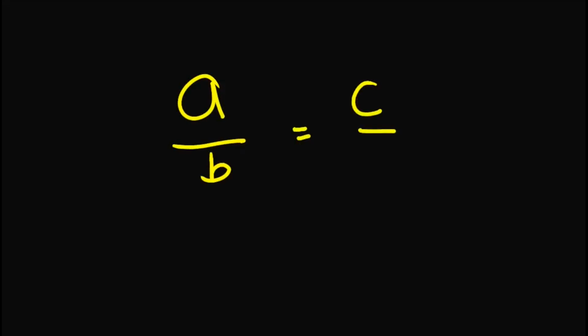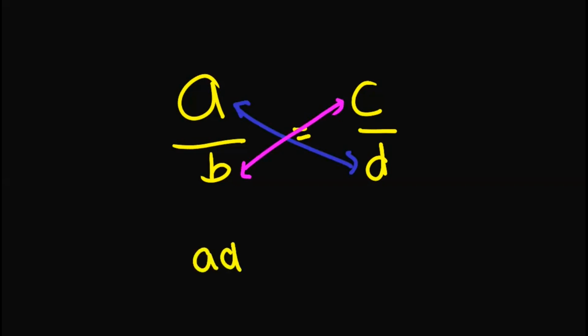So basically, if we have a over b equal to c over d, what we can do is multiply this two and multiply this two. So we'll have AD on the left side and BC on the right side.